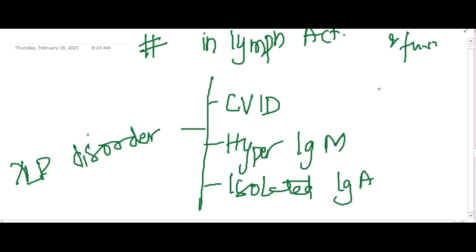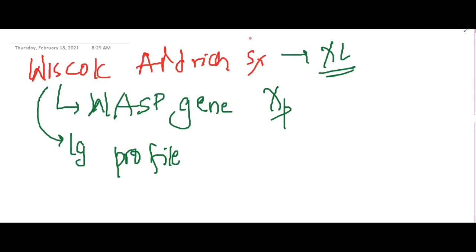Then the next disease which is important here is Wiskott-Aldrich syndrome. Wiskott-Aldrich syndrome is an X-linked disorder which occurs due to a defect in the WASP gene. This WASP gene is encoded on chromosome Xp11.